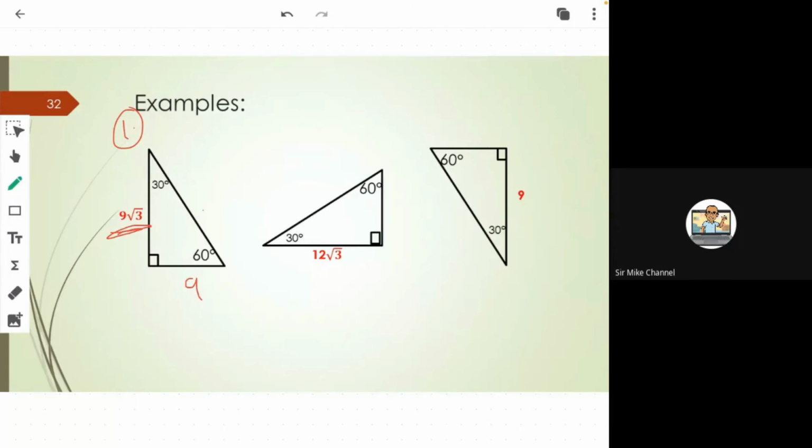Anong measurement natin ng hypotenuse? 18 po, sir. Diba? So, Jamaica, ito yung shorter leg natin. Siyempre, para makuha mo yung hypotenuse, times mo lang siya 2. So, 9 times 2 is 18. Ganun lang naman siya. Okay?